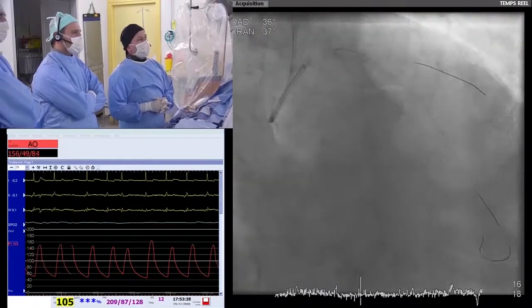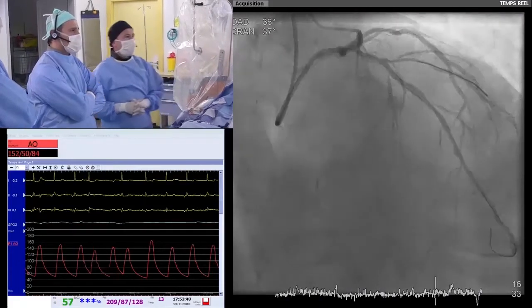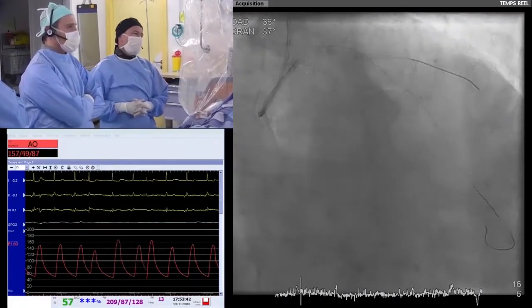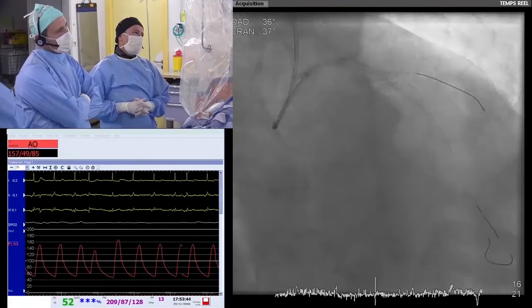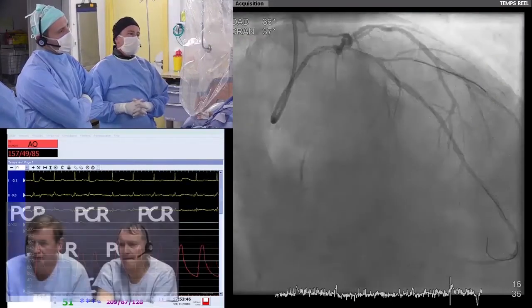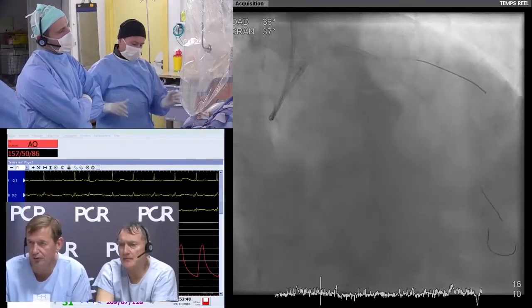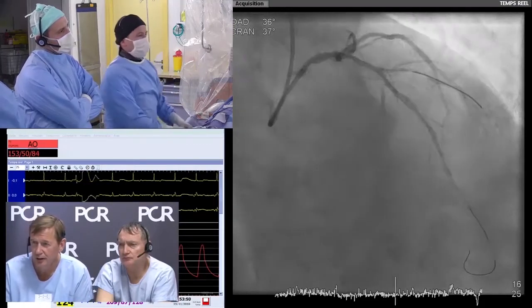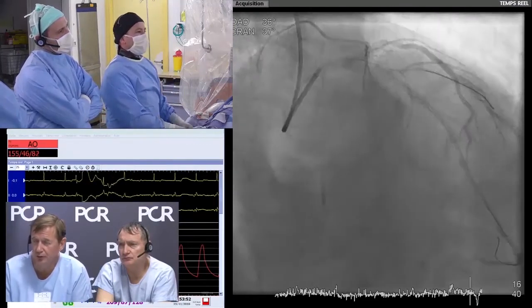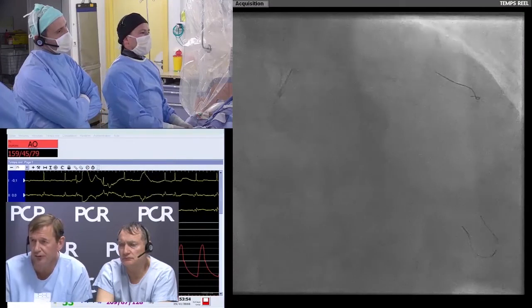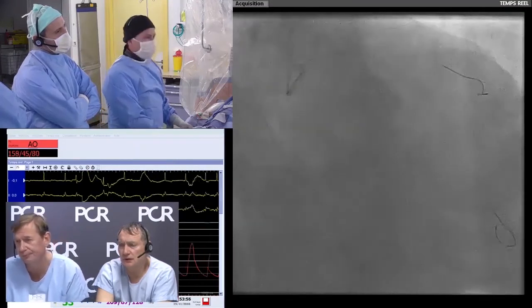The size is increasing. It's good in this LAD. It looks good. It's not a surprise to have a controlled dissection when you use non-compliant balloons after rota. Yes. But of course with the stent you're going to put in, it rarely becomes a problem.